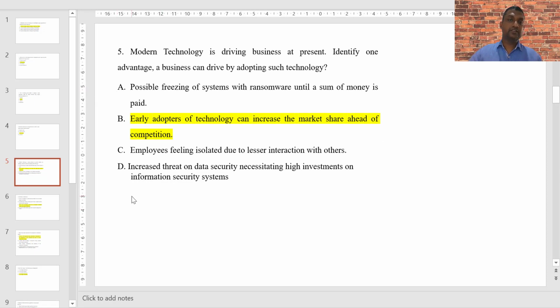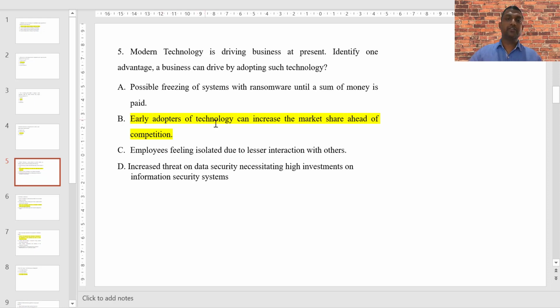So the other three are identified disadvantages, and answer B is the advantage, where by getting into that kind of technology early as an organization, you can get an advantage in the market itself.